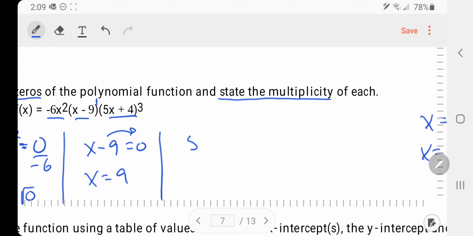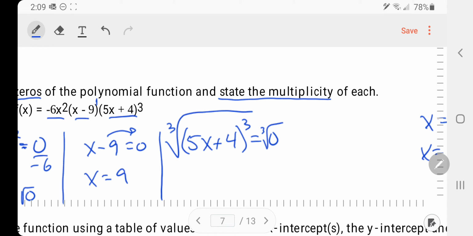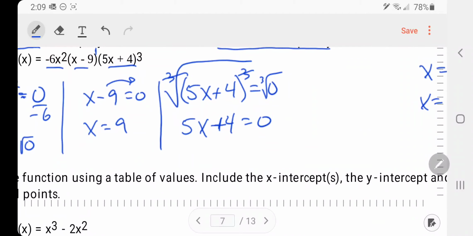And last but not least, we have 5x plus 4 cubed equals 0. You would need to take the cube root of both sides, but that gets rid of the exponent anyway. 5x plus 4 equal to 0. Then if I move the 4 over, we get 5x equal negative 4, and divide both sides by 5.